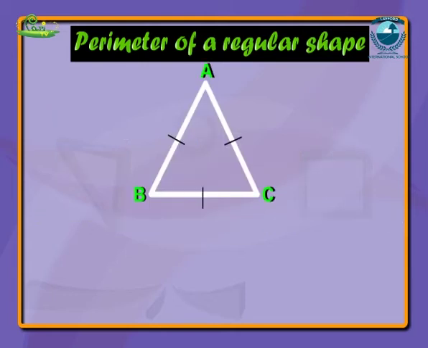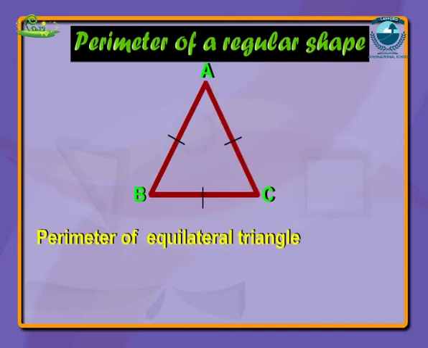The triangle with all sides equal is called equilateral triangle. As triangle has three sides, so the perimeter of equilateral triangle will be 3 into side. In this triangle, we have perimeter equal to AB plus BC plus CA, which is equal to 3 into AB.